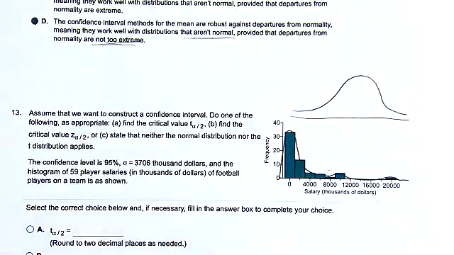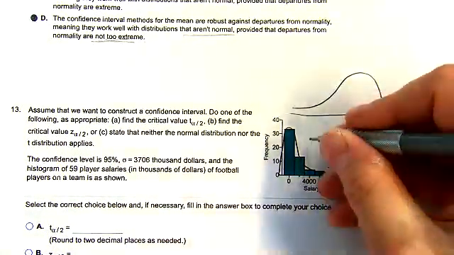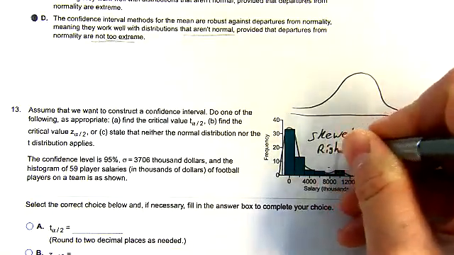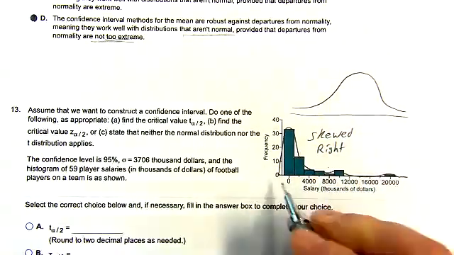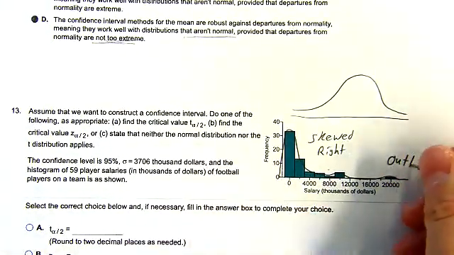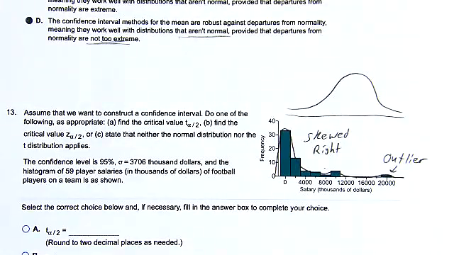And hopefully all of you would shake your head and say, no, it does not. It does not look like that. In fact, this is skewed right, if you recall, which is to say that this right tail is much longer than this left tail. And it looks like there's an outlier out here. So there's a couple issues there.